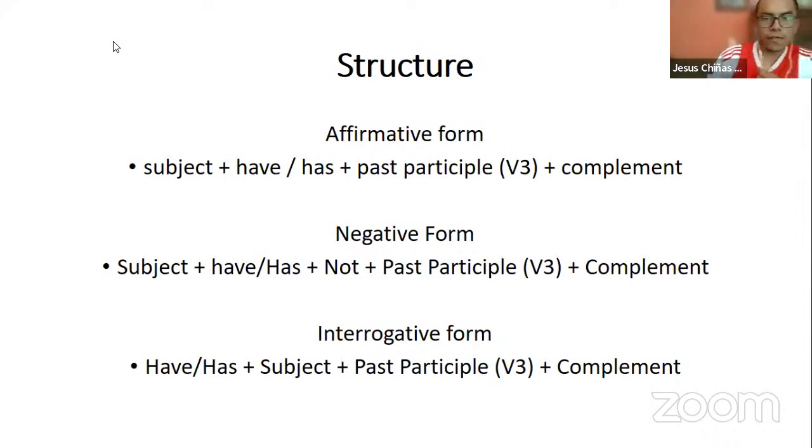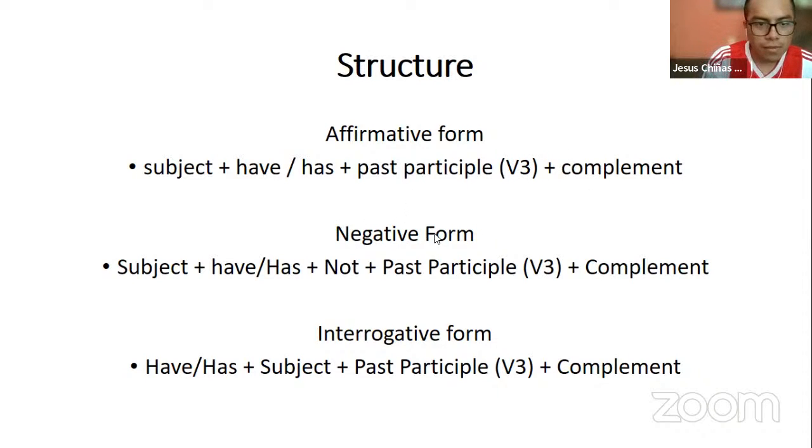Okay, the structure for the affirmative form is always first the subject plus have or has: have for I, you, we, and they, and has only for he, she, and it, plus the participle verb, verb 3, plus the complement.